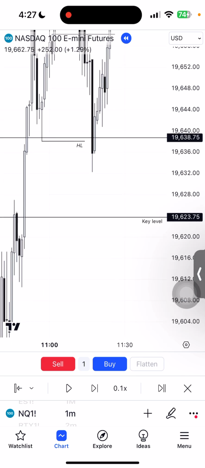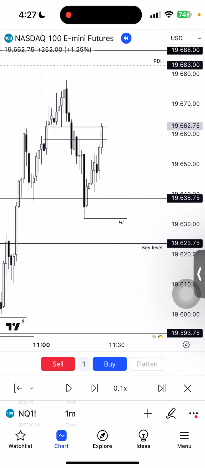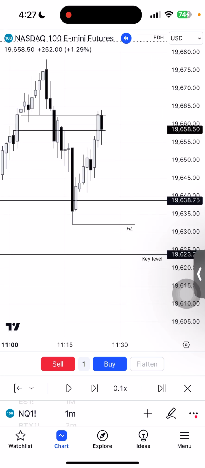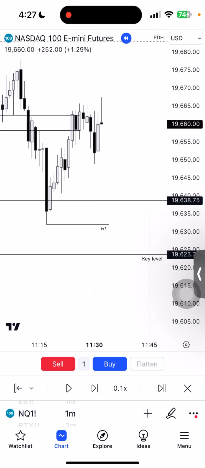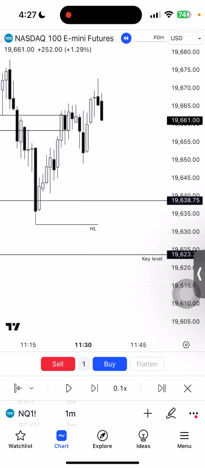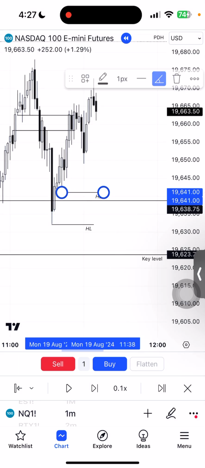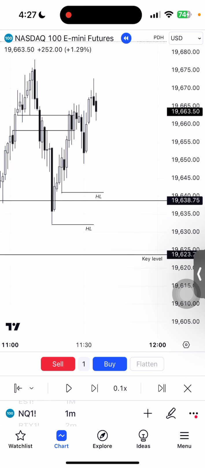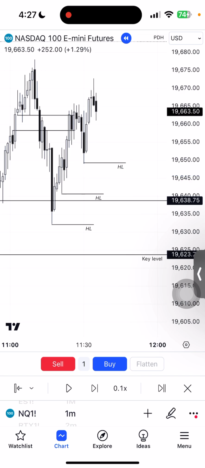We want to see if price can create another imbalance to the upside and respect it. So higher low here. Higher low there.